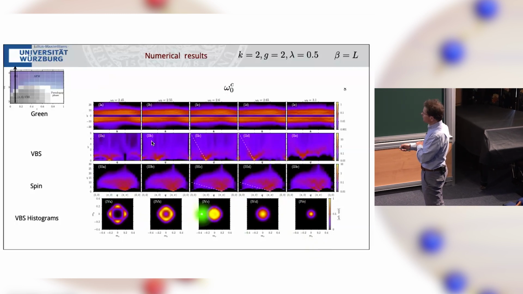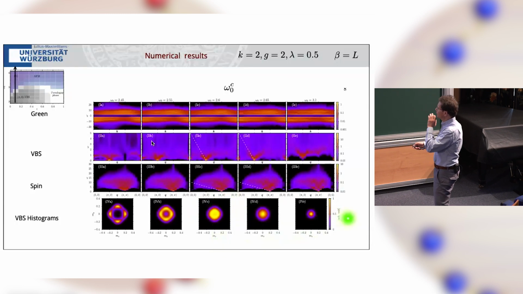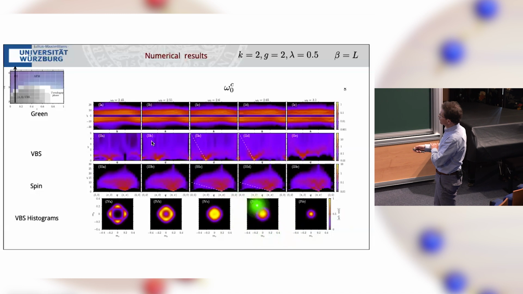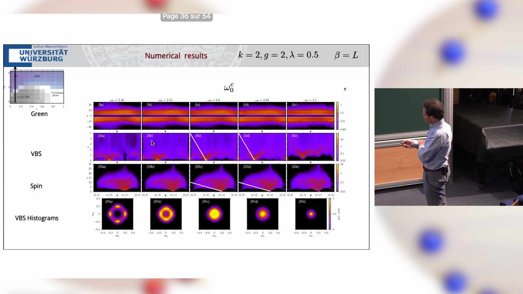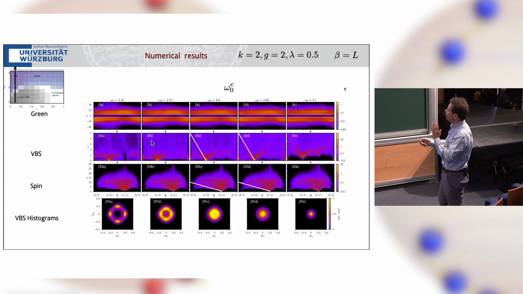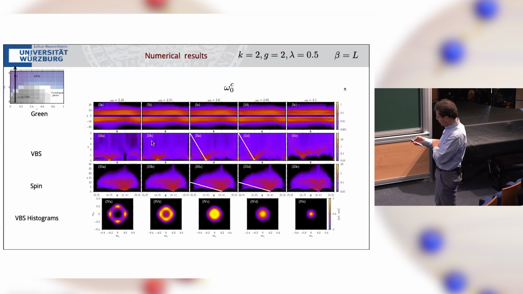If I start with the histograms, you see, as Anders did a very long time ago, and Adam also, that more or less at the critical point you get this nice emergent U1 symmetry. The other thing we can check is emergent Lorentz symmetry, because our model is not Lorentz symmetric, at least what we put in the computer. This is the velocity of the VBS, this is the velocity of the spin.